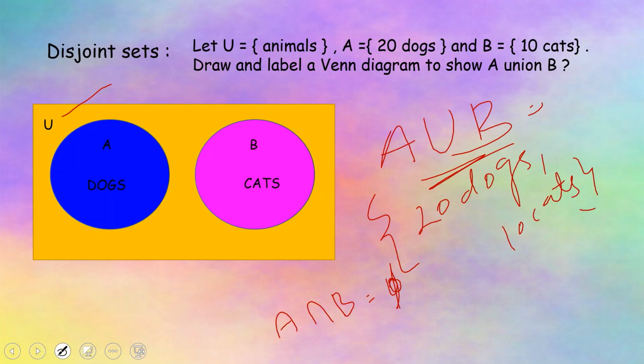Whatever elements are present in A and B, we combine, unite those sets. So when you do the union of A and B, the set doesn't become null, but you will get 20 dogs and 10 cats as the union of A and B.